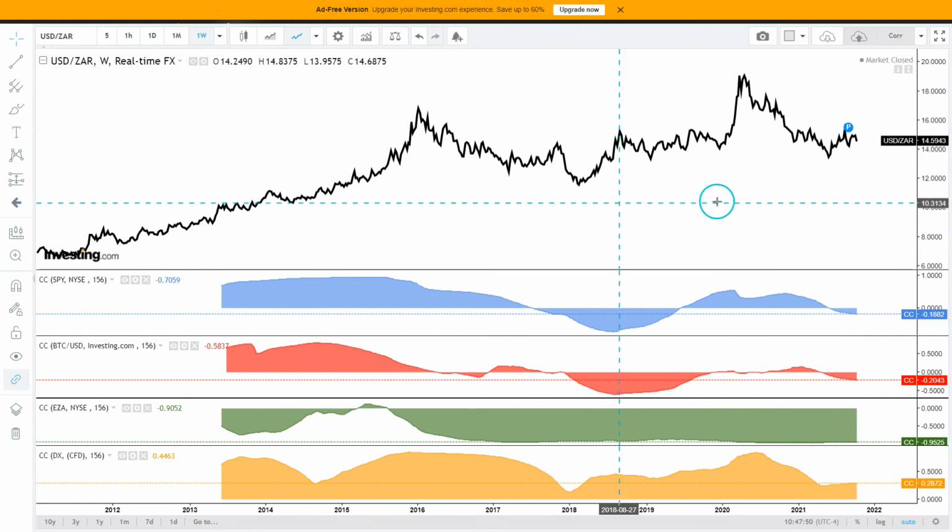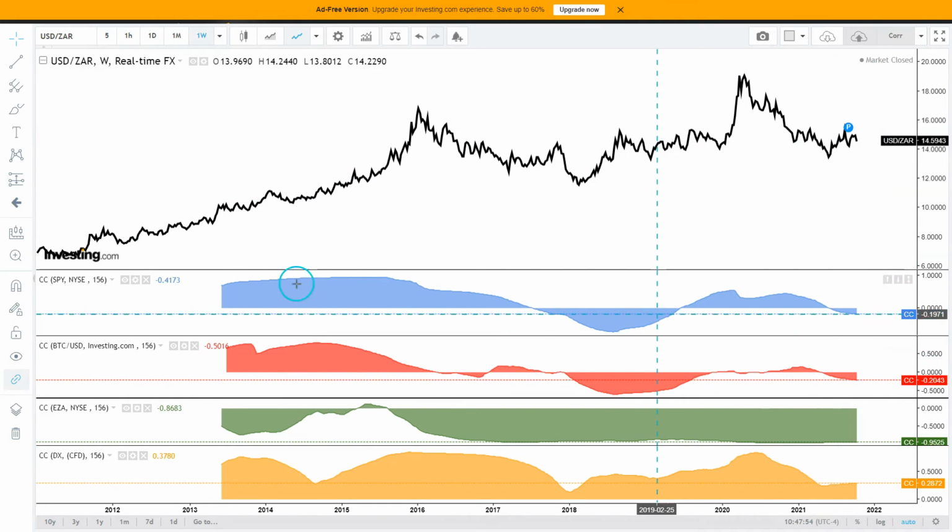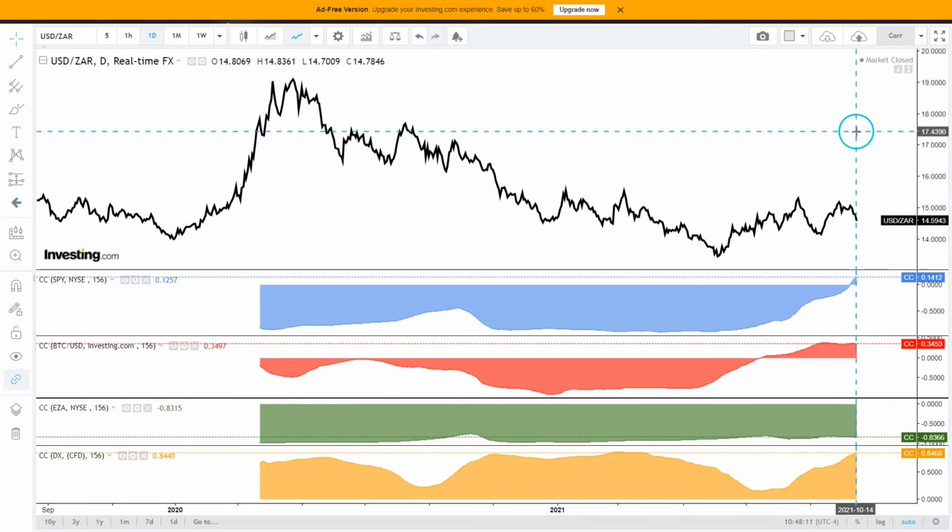So here are correlations, weekly data points. Minus 19% with the S&P 500, minus 20% here with Bitcoin, and minus 95% negative with the South Africa Stock Market ETF, the EFA, and 29% positive with the dollar index.